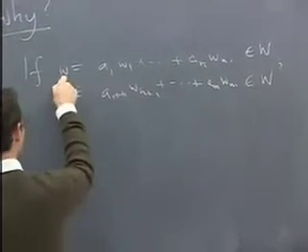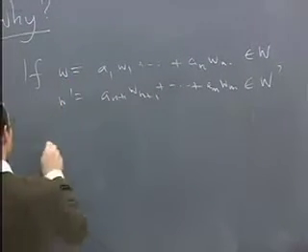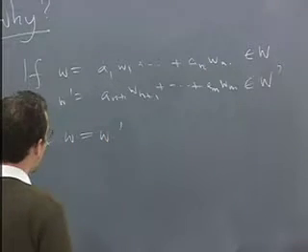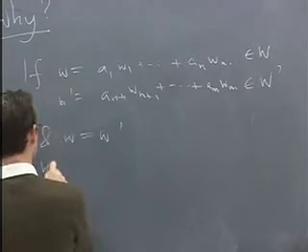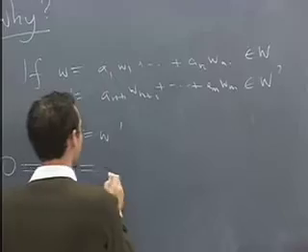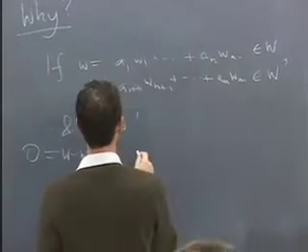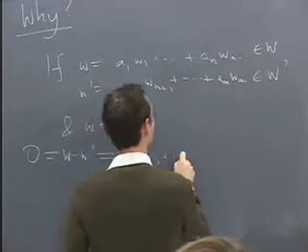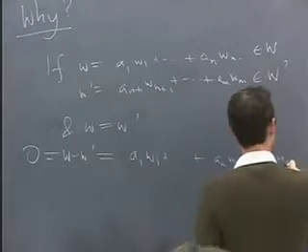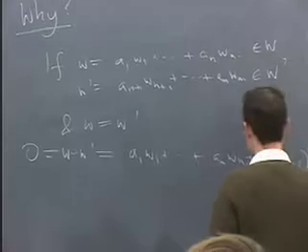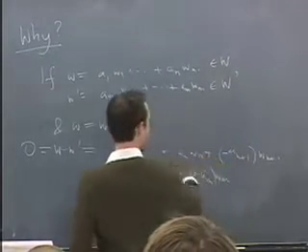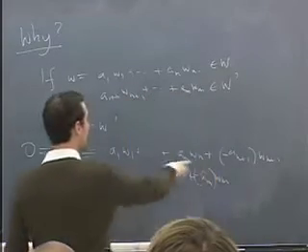And if these things are equal, well, then I can subtract them. So w minus w prime is 0. But that's a non-trivial linear combination of a1 w1 up through an wn minus an plus 1 wn plus 1 up through am wm. So just negate that. This thing equals 0.